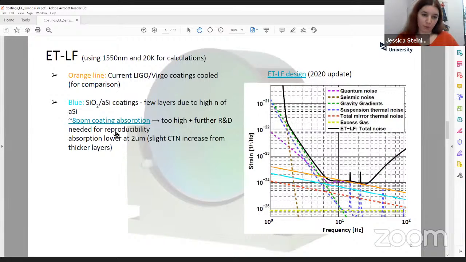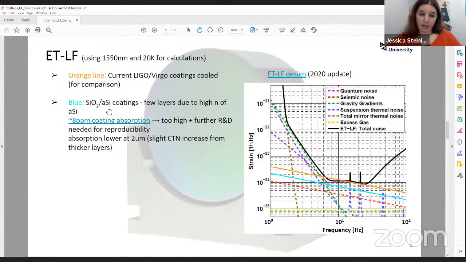An interesting option is, for example, silica and silicon, so amorphous silicon as a coating material, because it has a very high refractive index, which makes us need much fewer layers and a coating only about half as thick as a silica tantala coating. So in number of layers, even thinner in actual thickness.